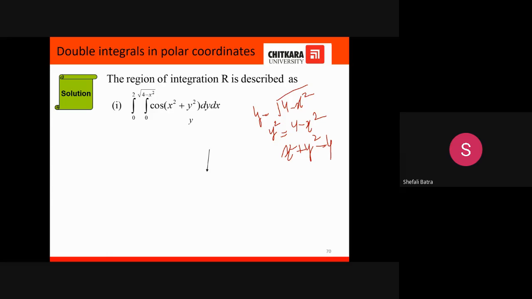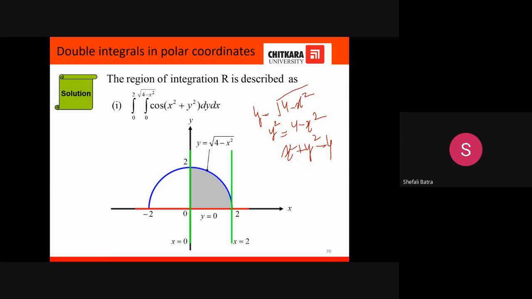Circle, with center at the origin and radius 2, right? So we are making this circle. Why I'm taking a semicircle, we will discuss here. This is your circle.